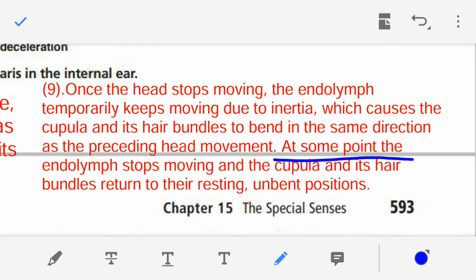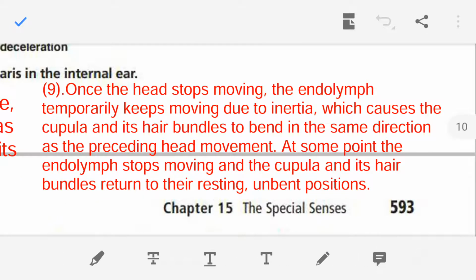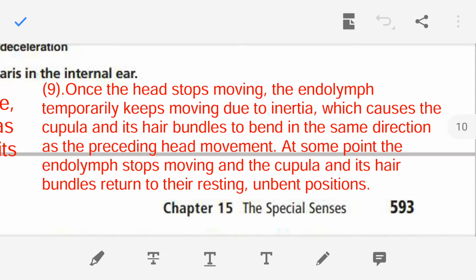At some point the endolymph stops moving, and the cupula and its hair bundle return to their resting unbent position.